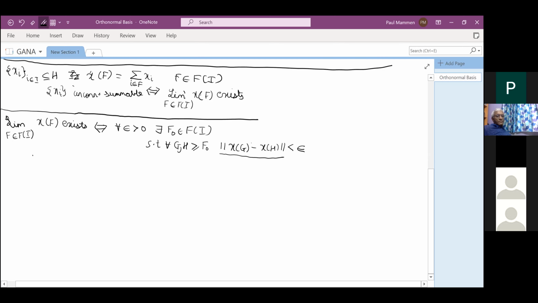So if I can get a sequence f1 greater than or equal to f2 greater than or equal to f3, such that for all i, j greater than k, mod of x fi minus x fj is less than, say, 1 by i.